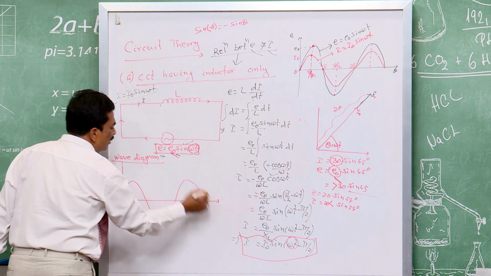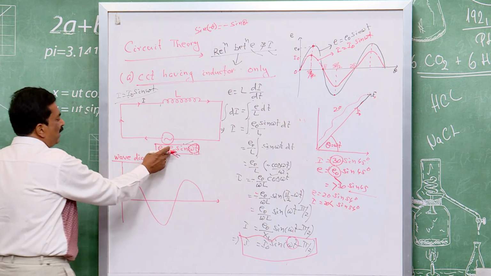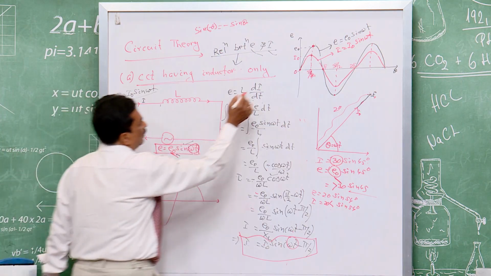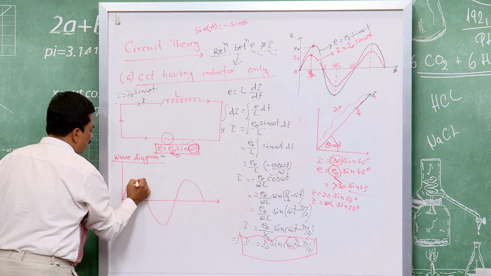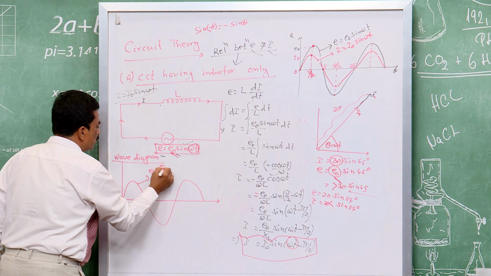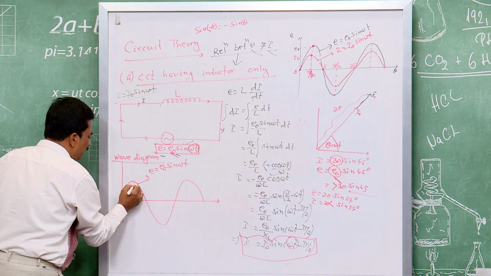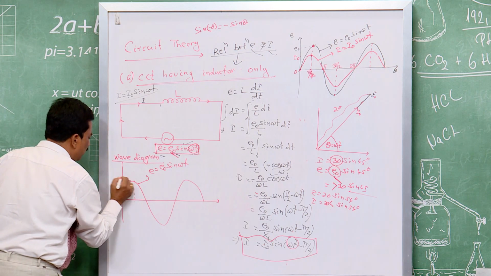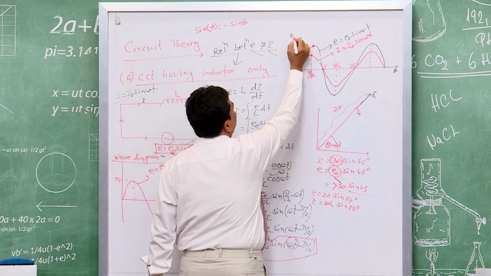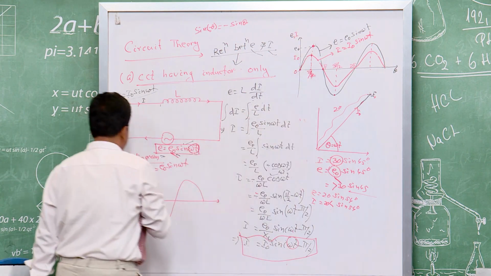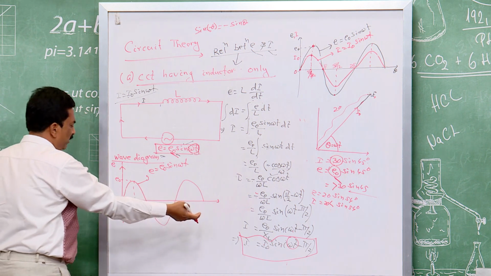We know E0 and I0; out of them, which one is greater? E0 is always on the greater side. For E = E0 sin omega t, this magnitude portion is E0. Here we have taken E, and then we will plot I.